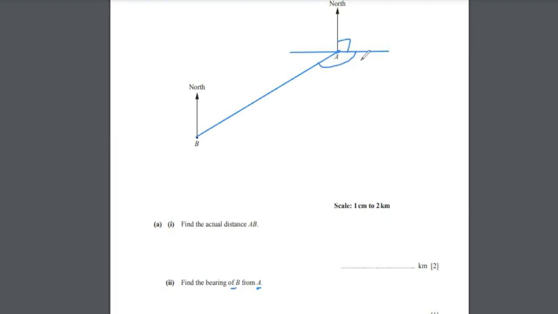Remember that the total bearing is measuring the angle from north and measuring it clockwise. So you are measuring this total angle starting from north and going clockwise like this. So this is your total bearing. Okay. So whatever angle this is plus 90 degrees will be your answer.